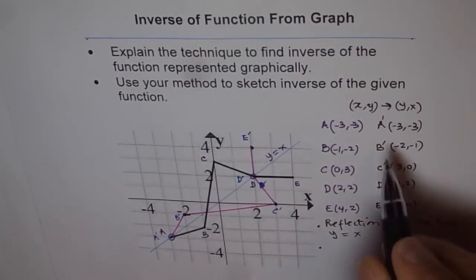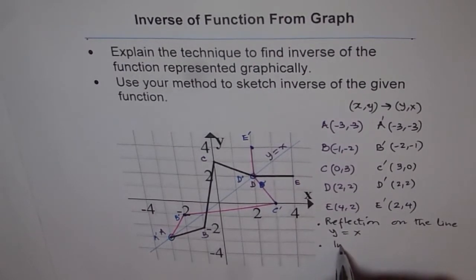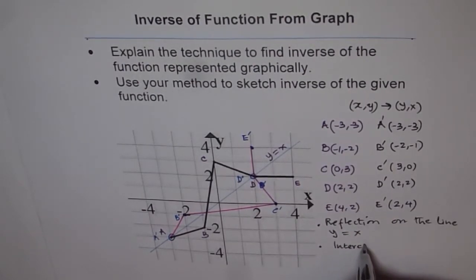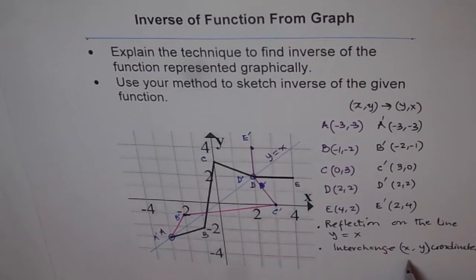And the second technique which I have shown you here is to swap, interchange, you can say, x and y coordinates. So once you interchange x and y coordinates, then you get the inverse. So basically xy will change to yx. So that is how you can get the inverse of a function.